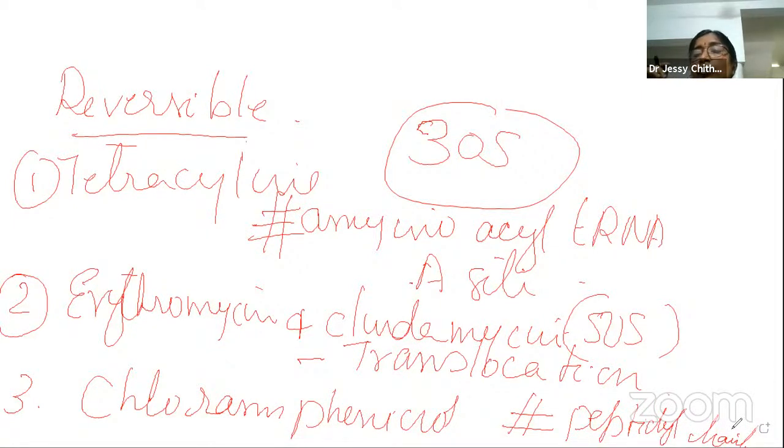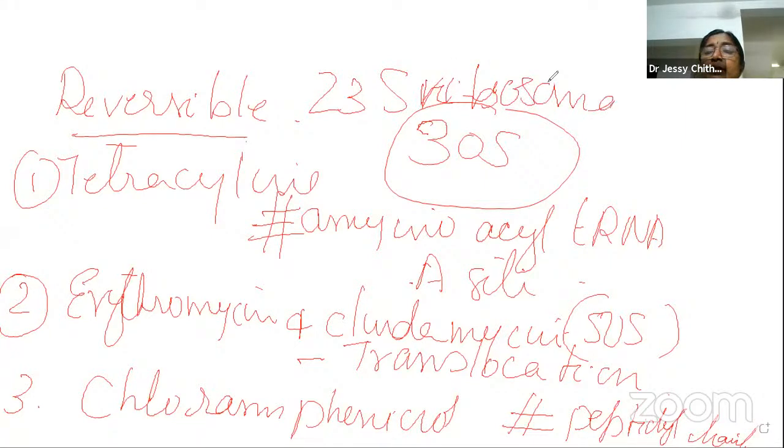Which ribosomal subunit holds peptidyl transferase in bacteria? It is the 23S ribosomal subunit, whereas in eukaryotes it is the 28S ribosomal subunit. So these are the inhibitors in bacteria.